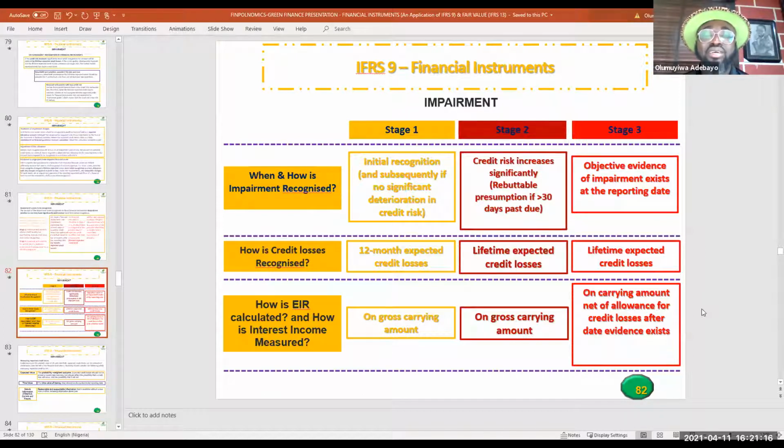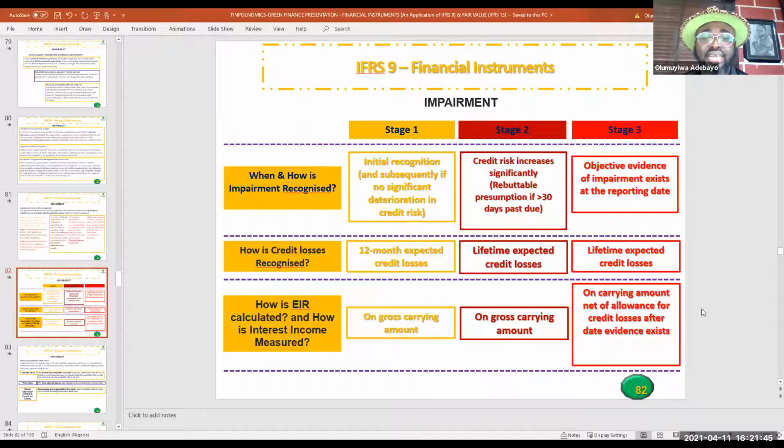Okay, but in the recognition of interest income, as the lender or as the owner of the financial asset, or as who has a right over the financial asset, you will be determining your interest income for both stage 1 and stage 2 using the effective interest rate on the gross carrying amount.